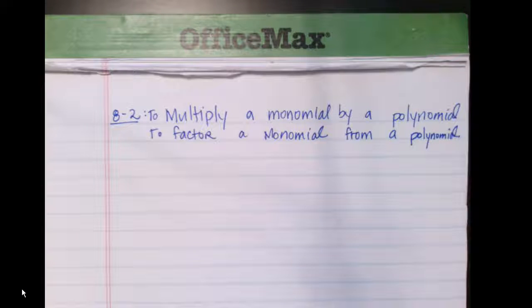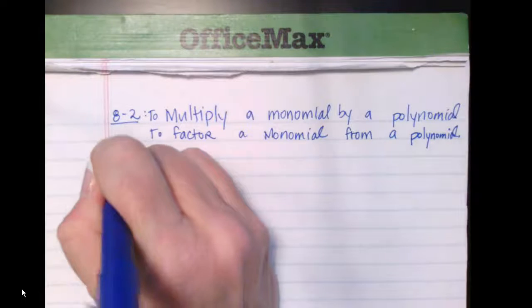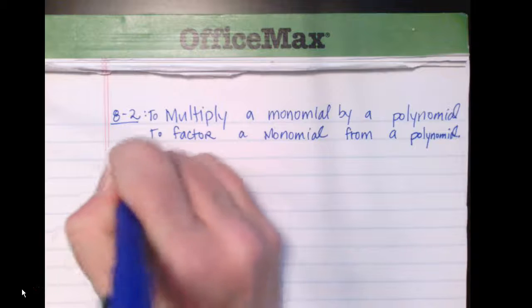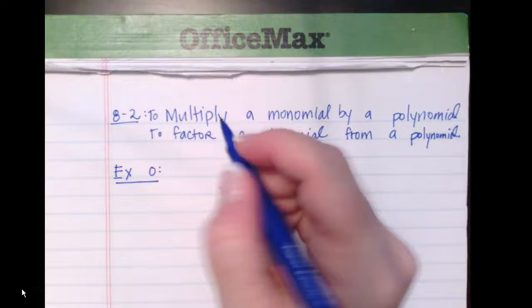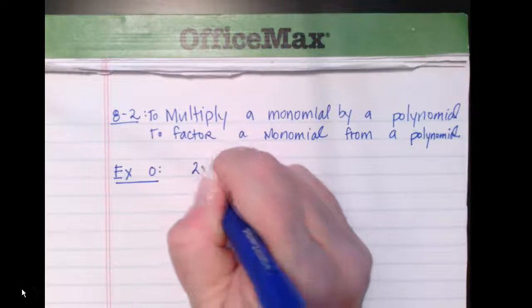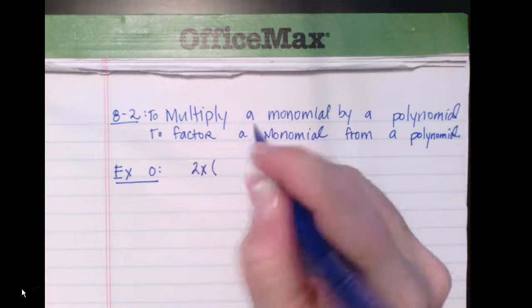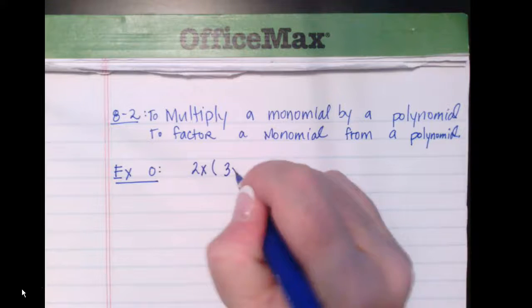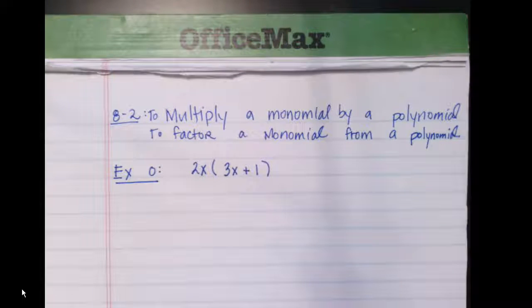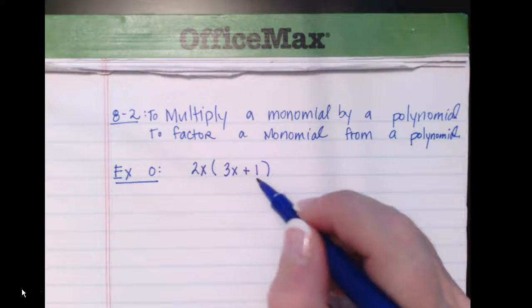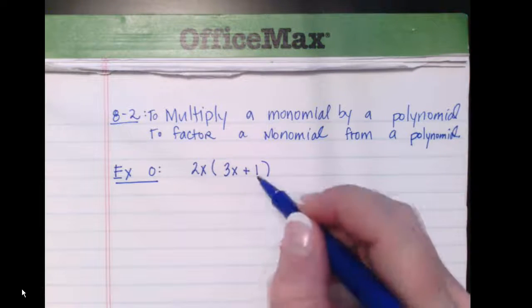So in our first problem, I'm going to show you two ways to think about these problems. Number one, call this example number 0. If I want to multiply a monomial times a polynomial, and in this case it's going to be times a binomial, I can think of this in two ways.